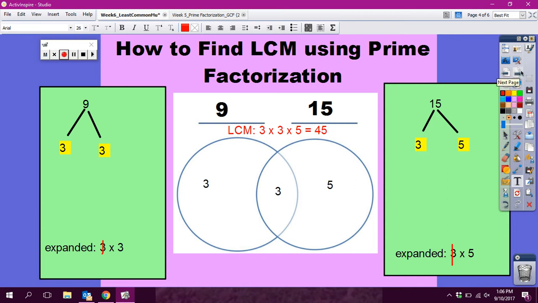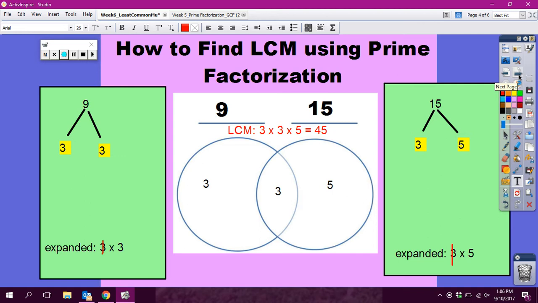Okay, so I use prime factorization to find LCM because it is a much faster way if you're looking for both GCF and LCM, because you can kind of knock out 2 birds with 1 stone. Remember, the stuff in the middle is your greatest common factor, and then you use the entire Venn diagram to find least common multiple.